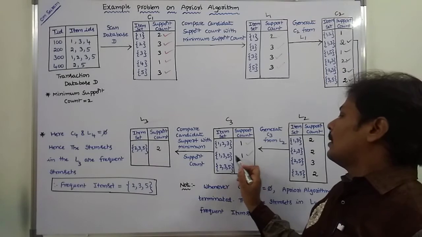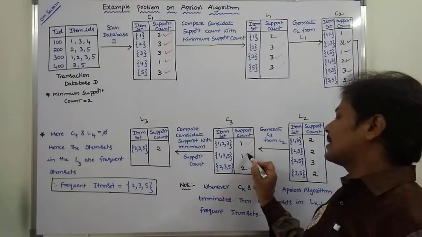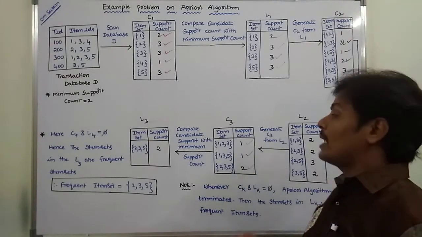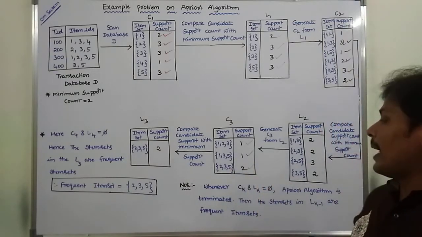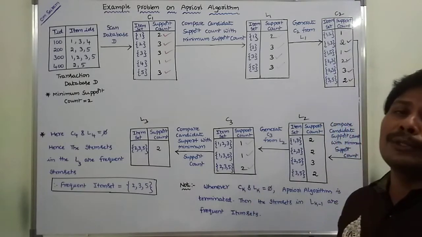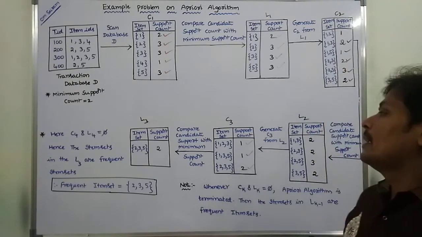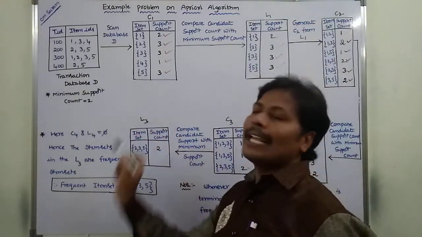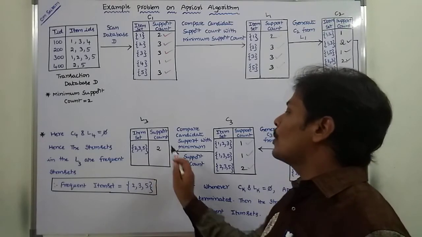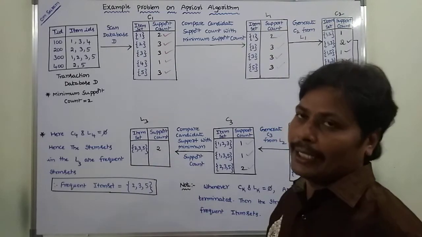Next, 1, 3, 5 has support count 1, which is less than the minimum support count, so it is pruned. Next, 2, 3, 5 has support count greater than or equal to the minimum support count, so it exists in L3. Now L3 contains only a single item set, the set 2, 3, 5, whose support count is 2. It satisfies the minimum support count condition.